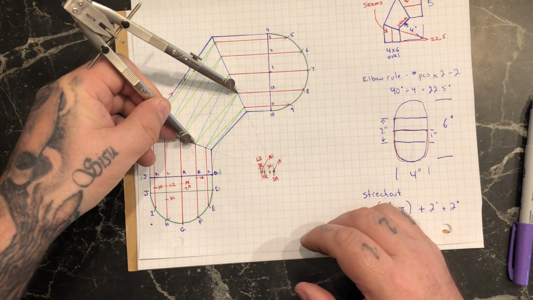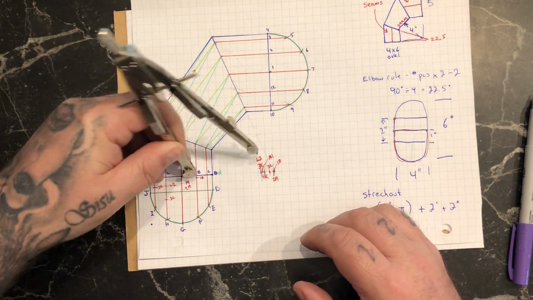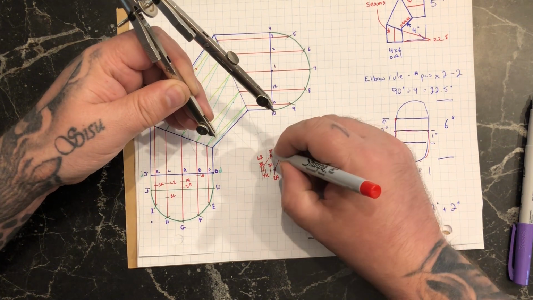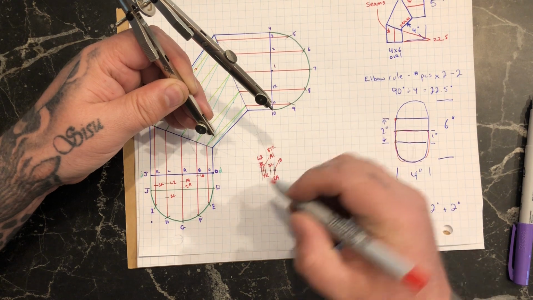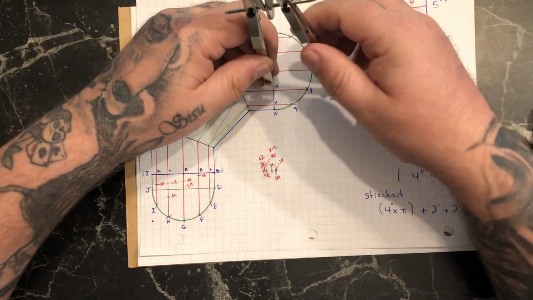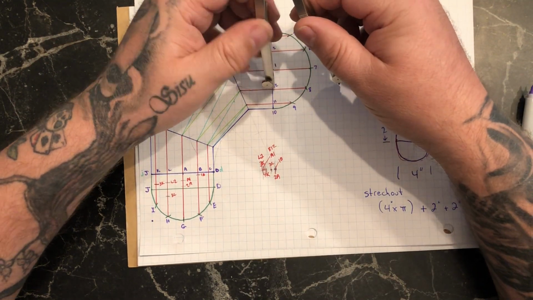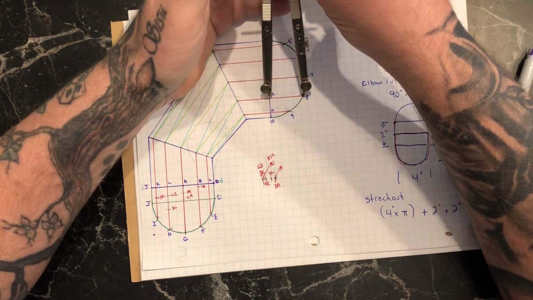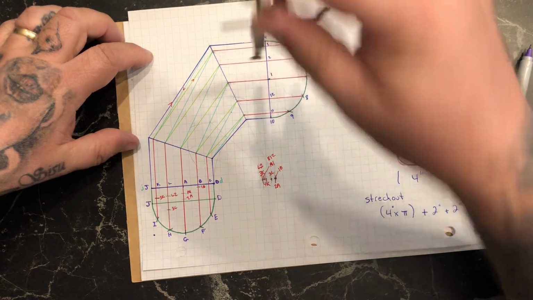Take that measurement of B12 down to the B line. Oh, that's the same as that one. B12. Take my profile length of 12, that one there.